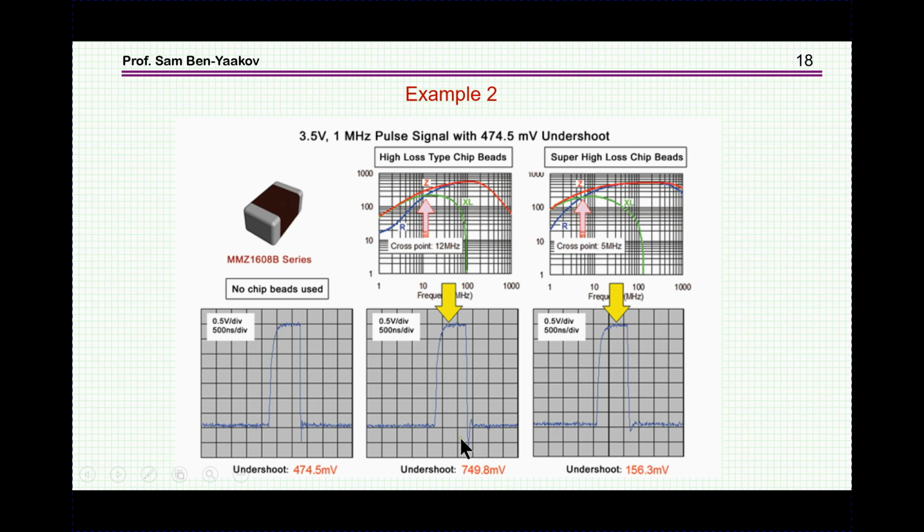And what we see is the following. This bead, which has a higher crossover frequency at 12 megahertz, is actually making the situation worse. The spike is actually getting bigger and wider, and this is much worse than the original one.